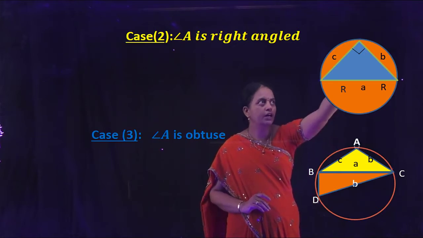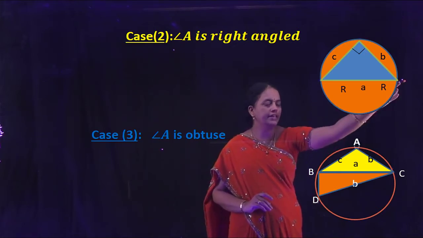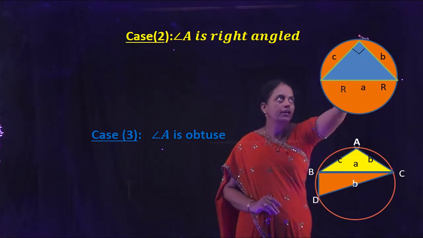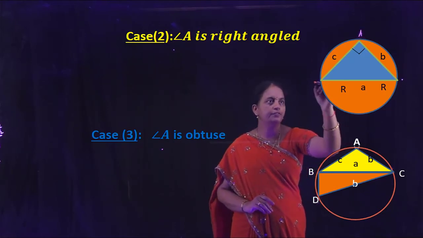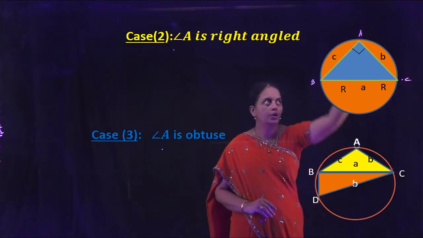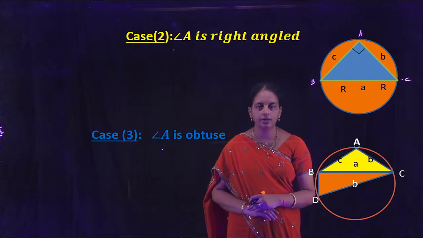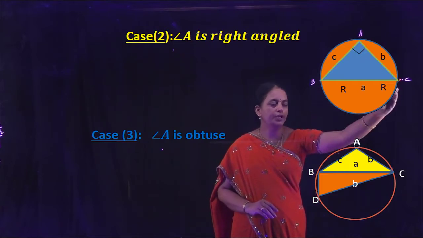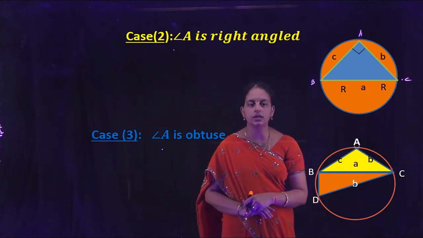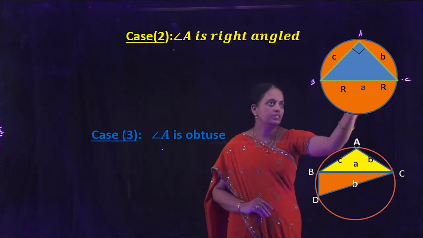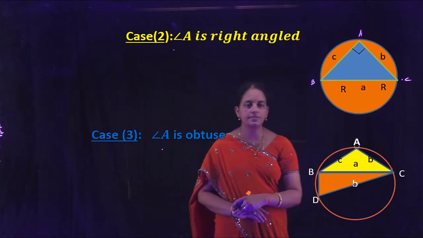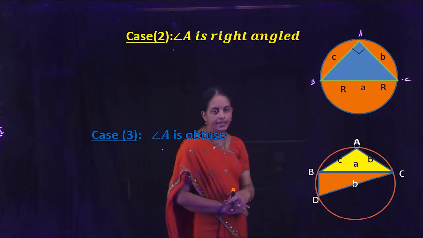Clearly from the figure, triangle ABC is right angled at A. Here the hypotenuse BC is equal to the circumdiameter, since the circumcenter lies on the triangle.